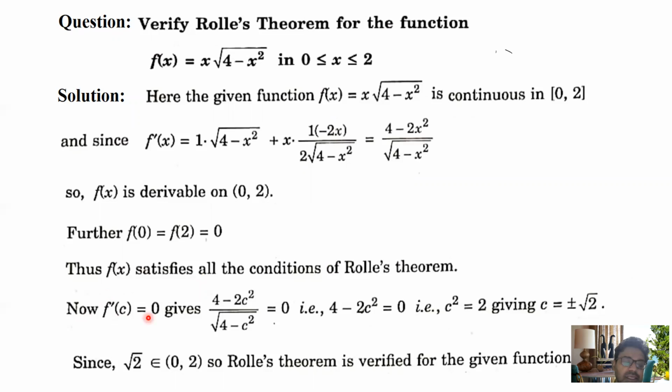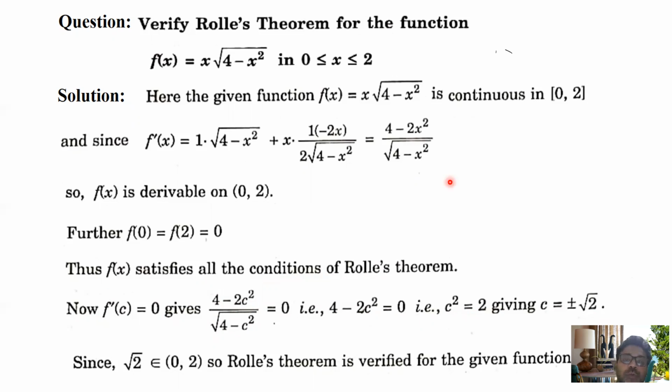Now if all conditions of Rolle's theorem are satisfied, then f dash c is equal to 0 gives you 4 minus 2c square by square root under 4 minus c square equals to 0. From where you can get 4 minus 2c square equals to 0, that is c square is equal to 2, that gives you c plus minus root 2.